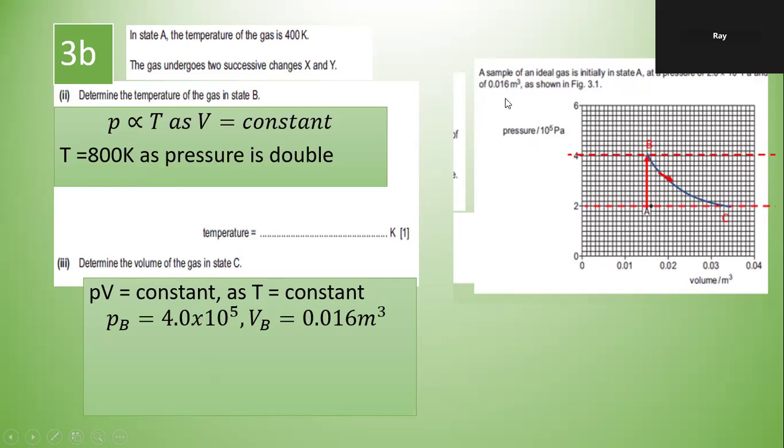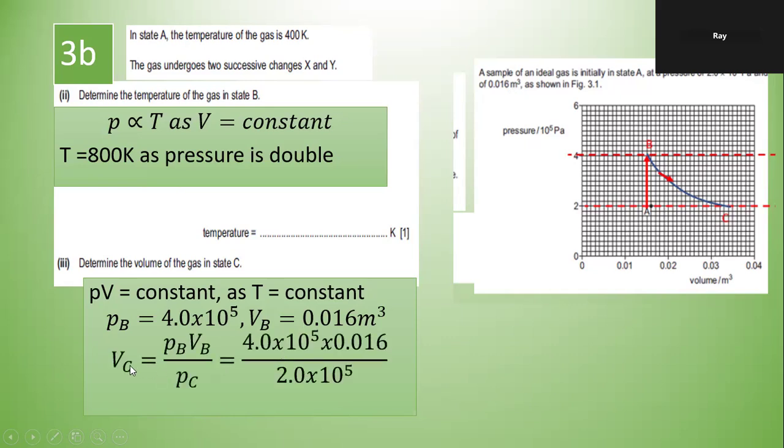That's your PV, and we use Boyle's law. VC: take PV down and put in your values, PB VB over PC. The pressure is the original pressure. Then calculate it out.